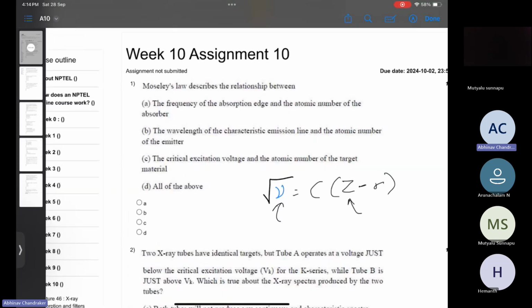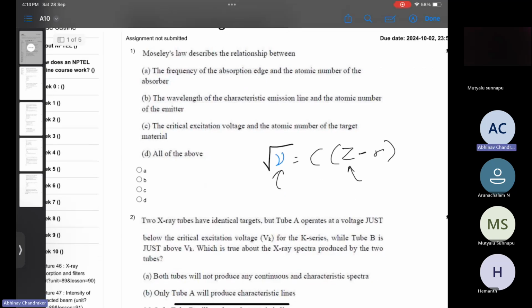So here you have frequency of absorption edge and the atomic number of the absorber, wavelength of the characteristic emission line and the atomic number of the emitter, critical excitation voltage and the atomic number of the target material.